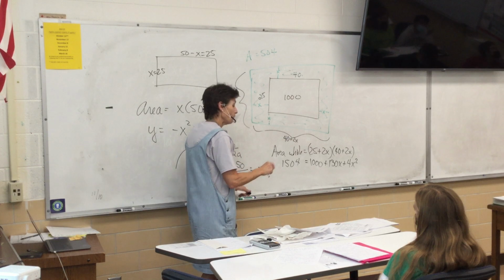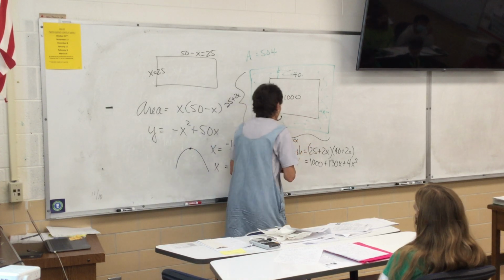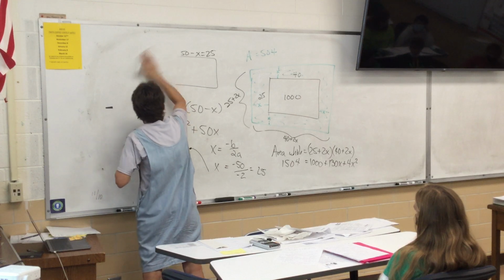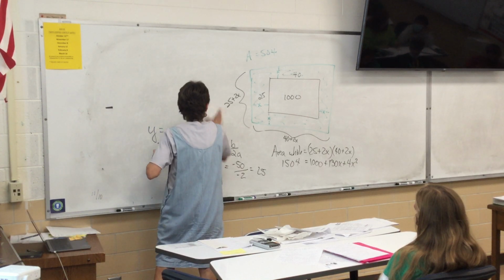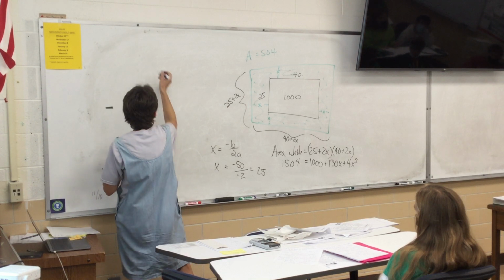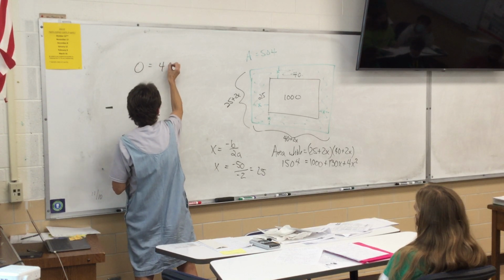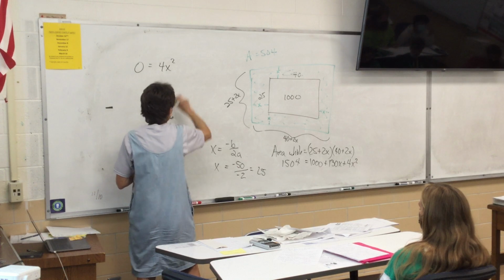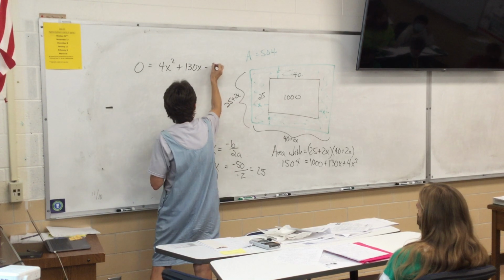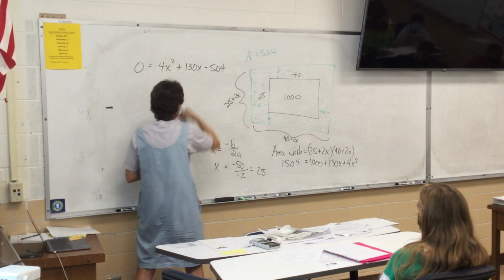So now, Jeff says we can do some subtraction here and clean our equation up a little bit. So 4x squared plus 130x minus 504 equals 0.